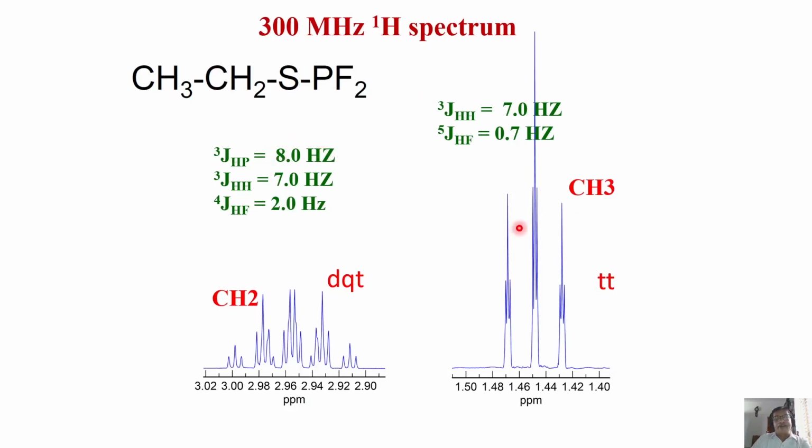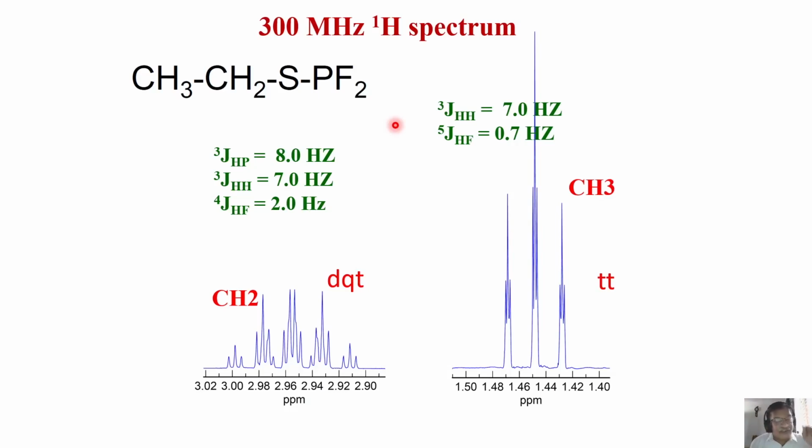Only the 4 bond coupling we didn't see here. In addition to that, these CH2 protons can also experience coupling with the 2 equivalent fluorines. So it experiences coupling with protons, phosphorus, and fluorine, all three. It is a very interesting example. That's why I wanted to show you that a proton can simultaneously experience coupling with three different heteronuclear spins.